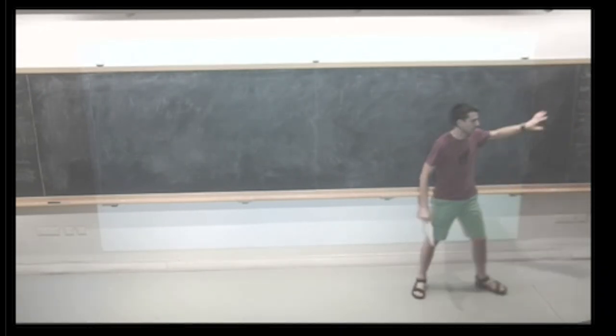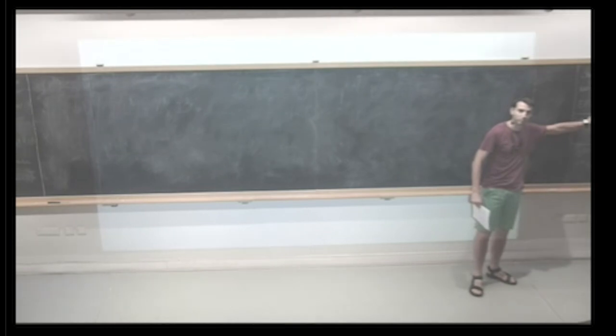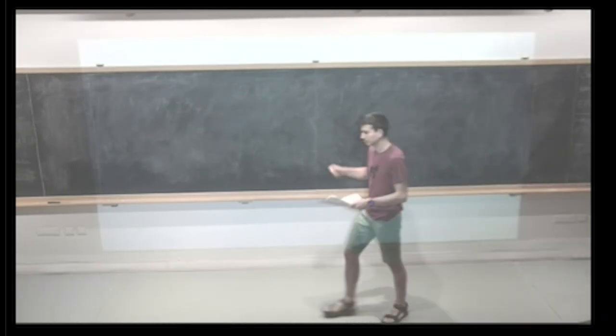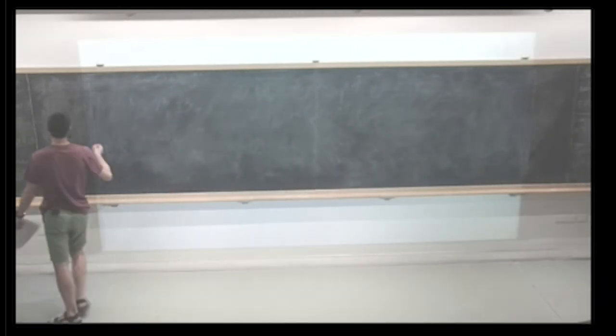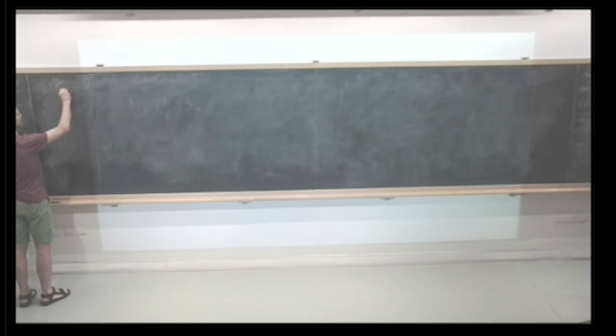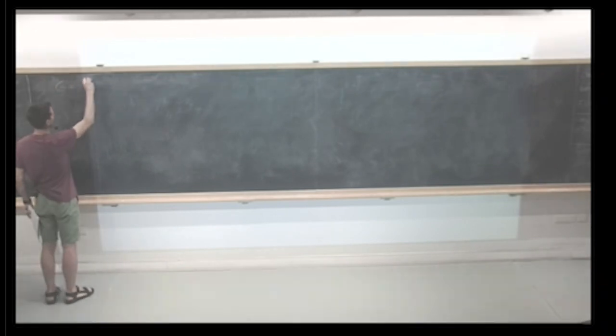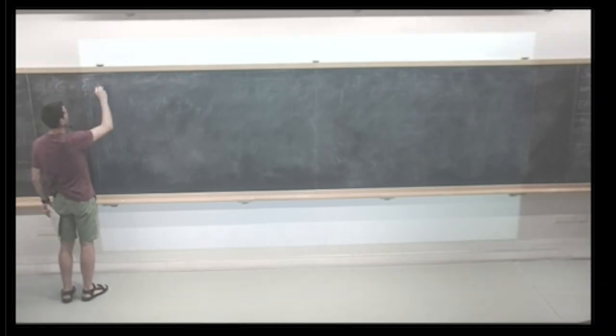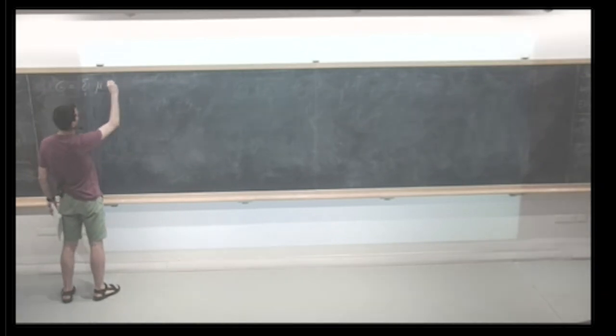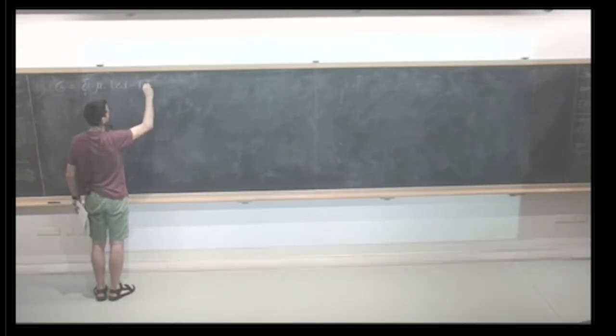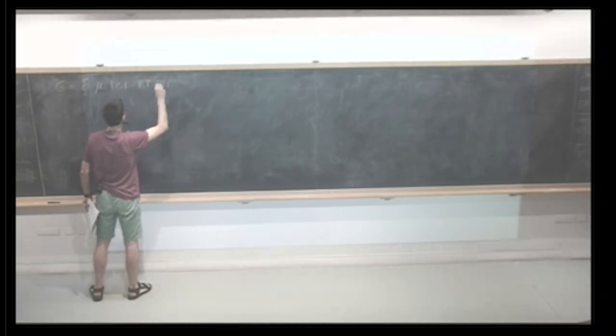I summarize all the results that I need here also in this part of the blackboard so that I can refer to them. So the way we write our free energy is that G in a non-equilibrium state is the sum over the chemical potentials times the concentrations minus RT times the concentrations.